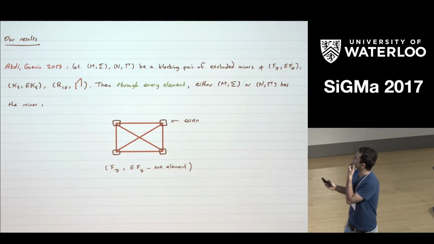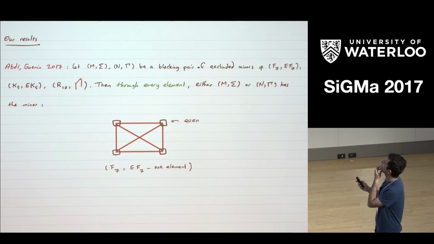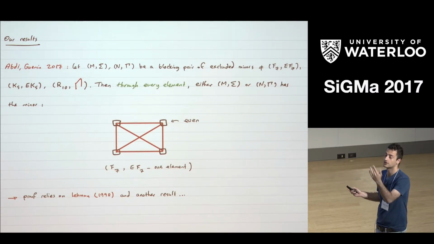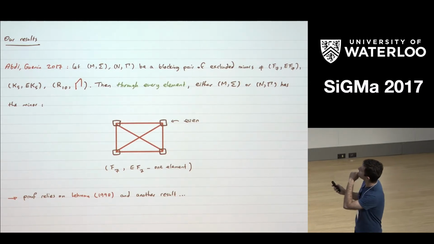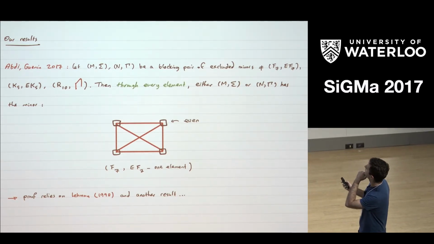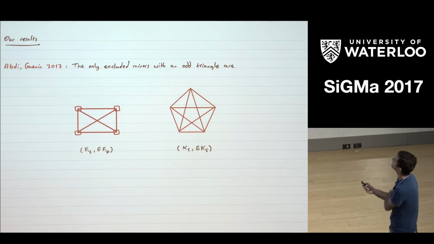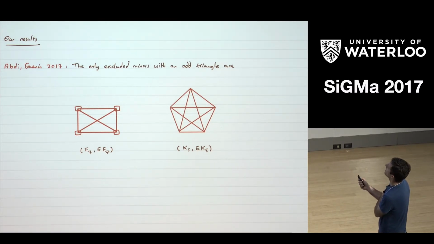And how do we prove this? The proof relies on Lehman's theorem, the theorem Bertrand already used in the early 2000s, and another result. The other result is actually an exact result. What it says is that the only excluded minors that have an odd triangle are the first two ones.